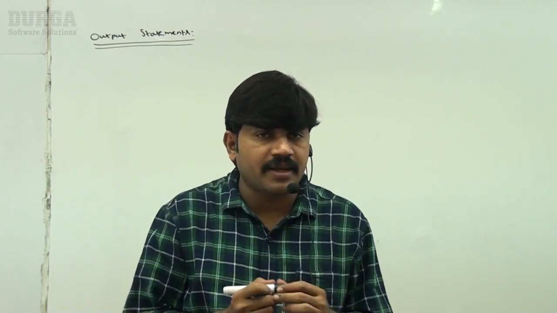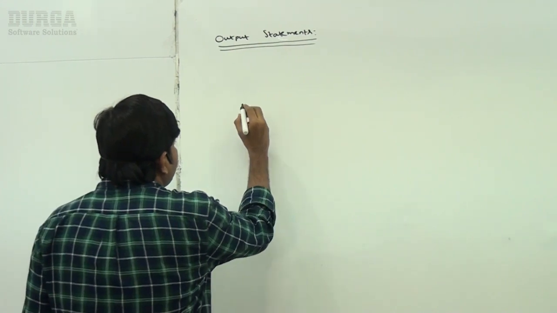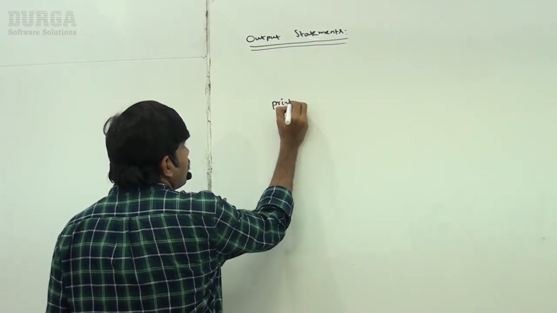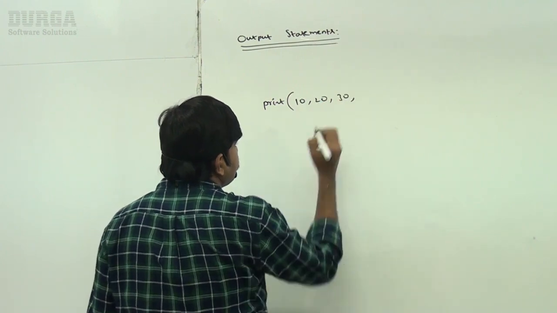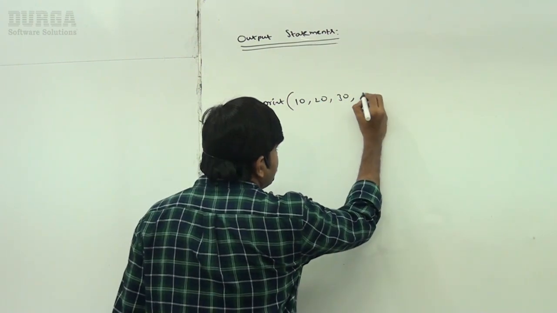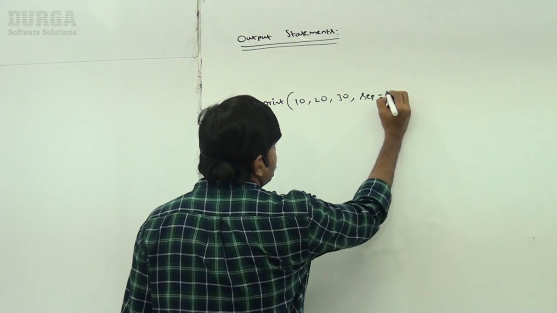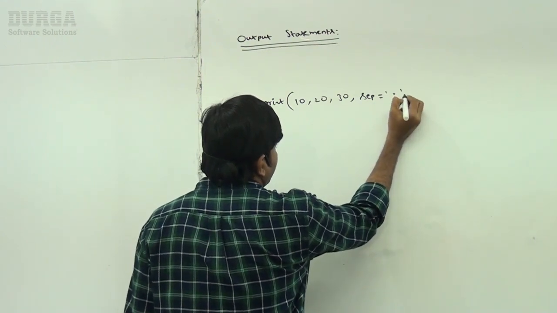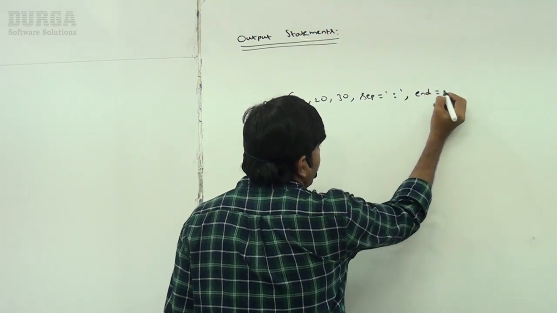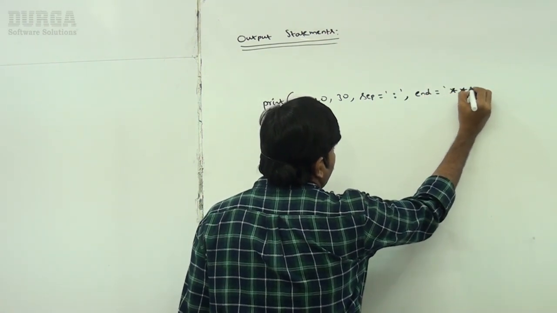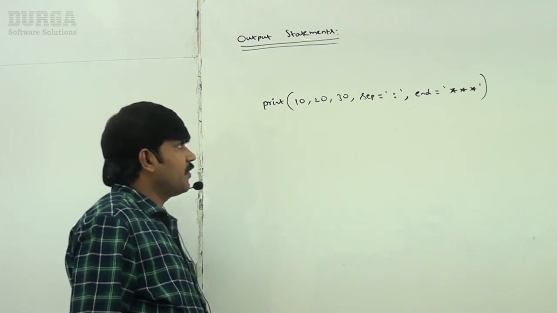Sir, now let me go for one more example where we are going to use both the end attribute and the SCP attribute together. Observe carefully. Here I am taking print 10, 20, 30, SCP attribute colon, end attribute star.